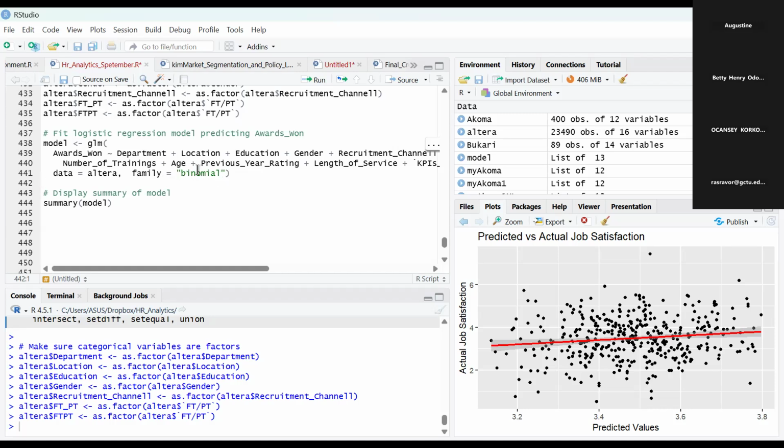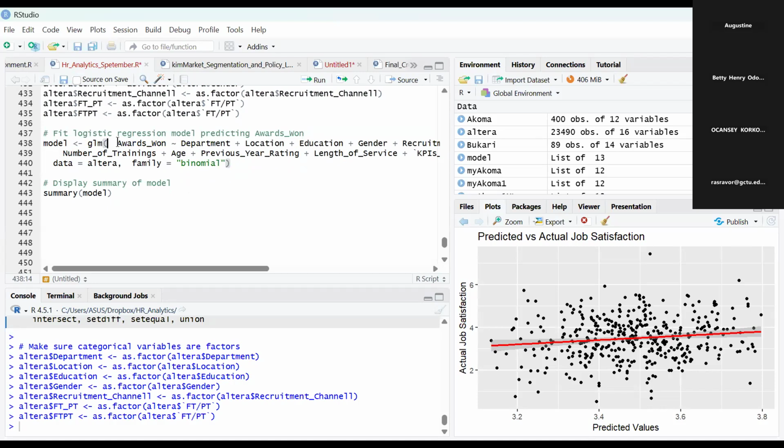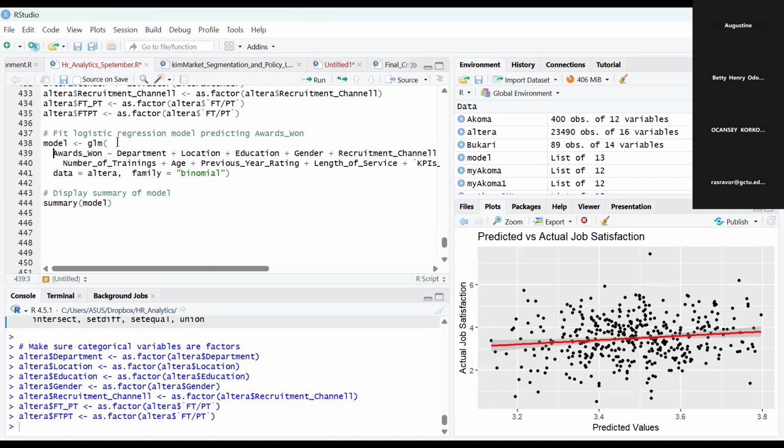Say model assigned GLM, after the logistic regression. Yes, it's rather opening the brackets. GLM. Okay. You can even put it together. I just decided to separate it. You can put it together or you separate it. It doesn't change anything. Yes, please. Thank you.